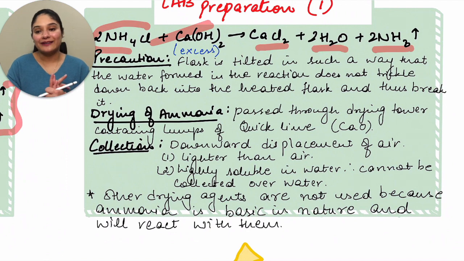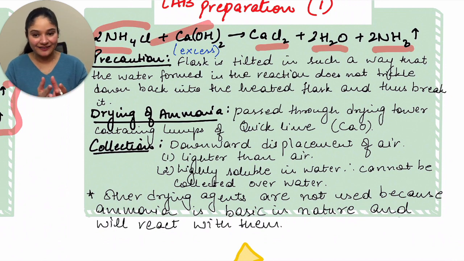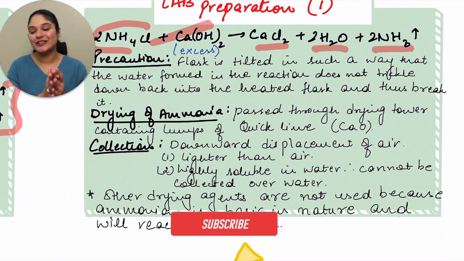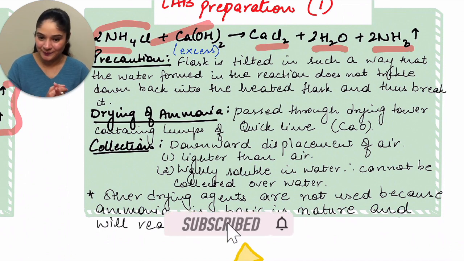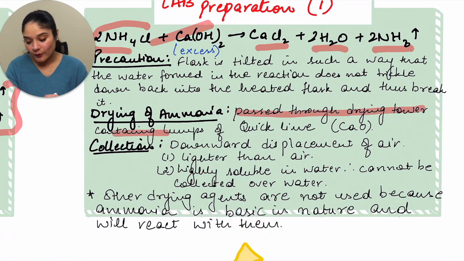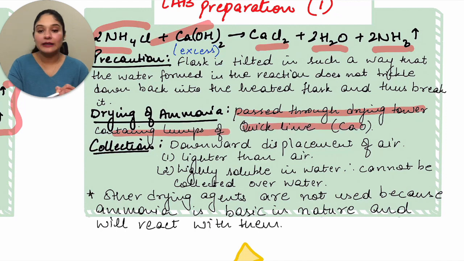Now let's look at the collection of the gas. This particular gas is collected by downward displacement of air because it is lighter than air. The second is that it is highly soluble in water, so we cannot collect it over water. Let's quickly read through the points. Drying of ammonia: passed through a drying tower containing lumps of quick lime.